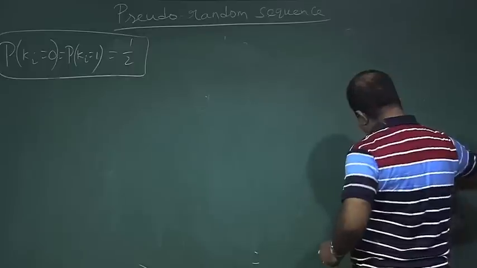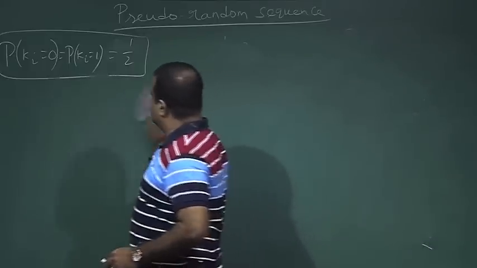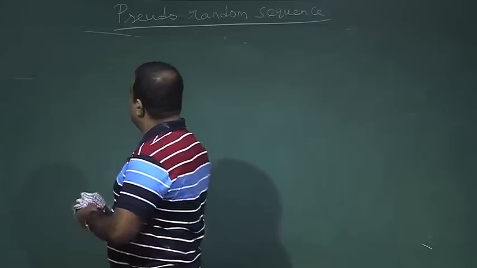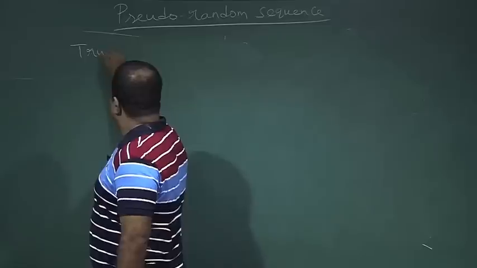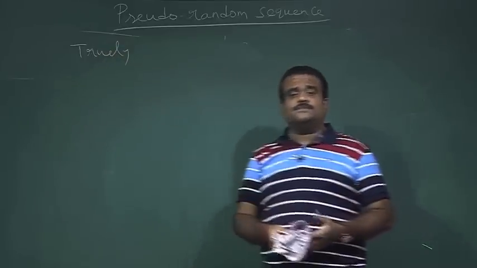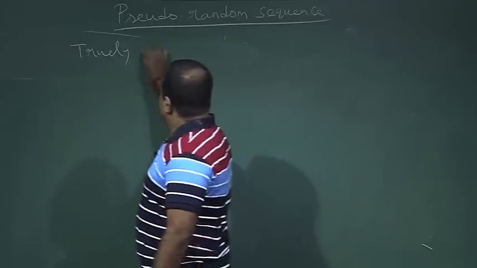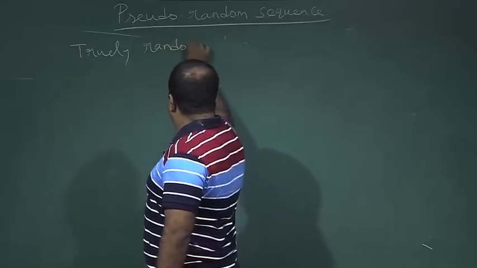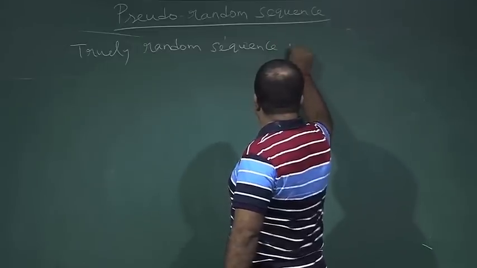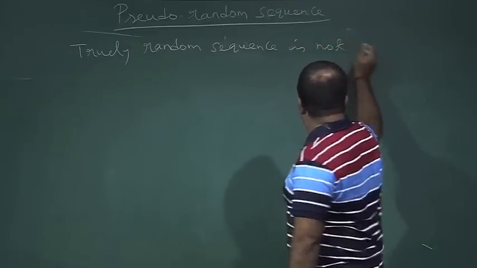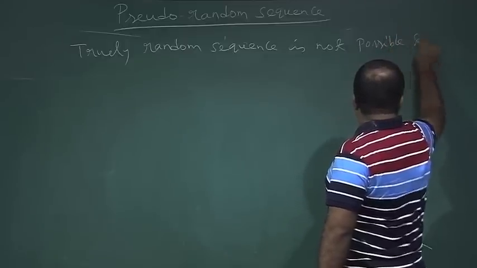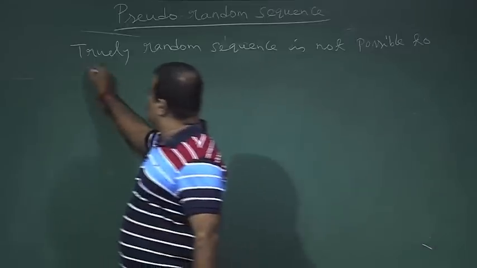Instead of a truly random sequence, we have a pseudo random sequence, because a truly random sequence is not possible to generate in practice.